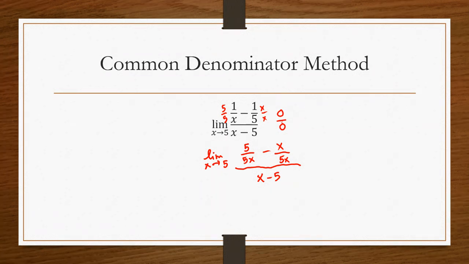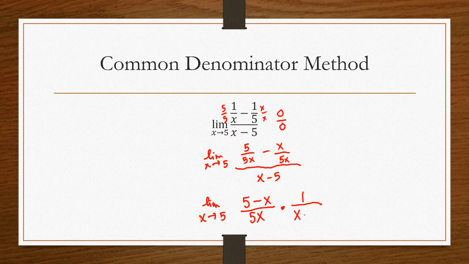Okay. So now I'm going to rewrite this just a little bit nicer so that I can follow things better. So I'm going to write this as the limit as x goes to 5 of 5 minus x over 5x times, rather than dividing by x minus 5, I'm going to multiply by the reciprocal.